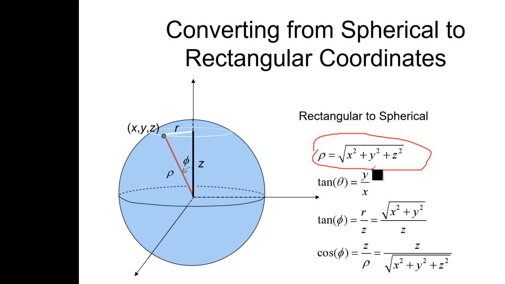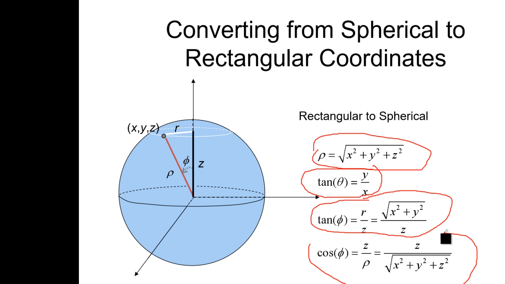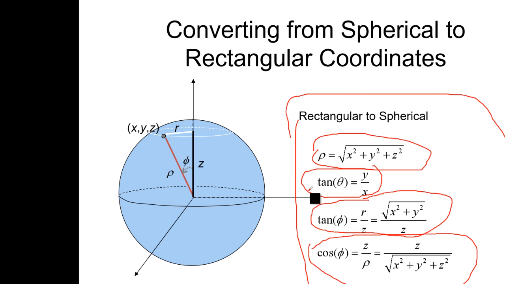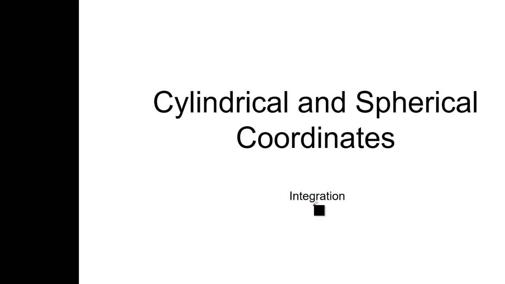If I know x and y, I will find the value of the polar angle using this equation: tan phi is equal to r by z, root of x square plus y square by z. And cos phi is basically z by rho, that is z by root of x square plus y square plus z square. These equations are very important to understand, and we will be using them in several problems. So that brings us to the end of this session.